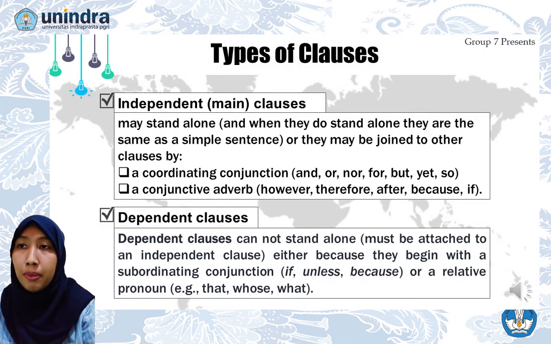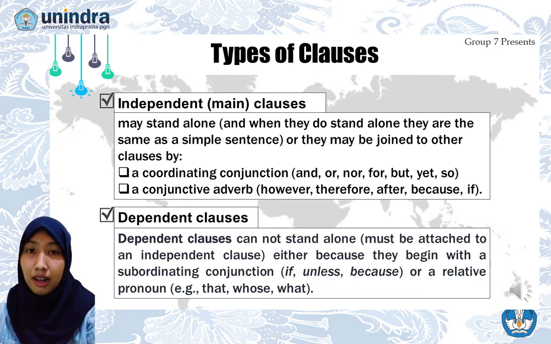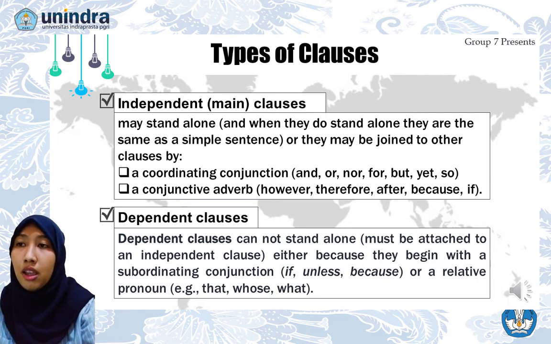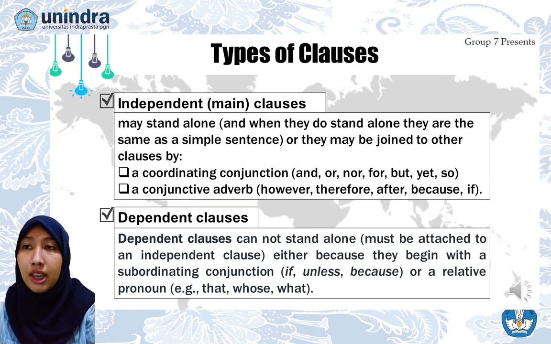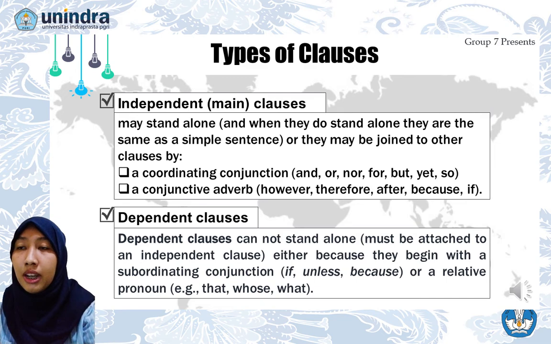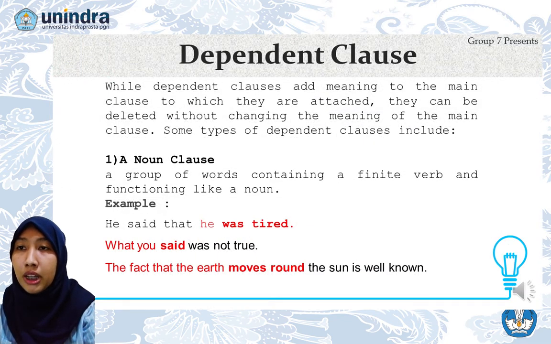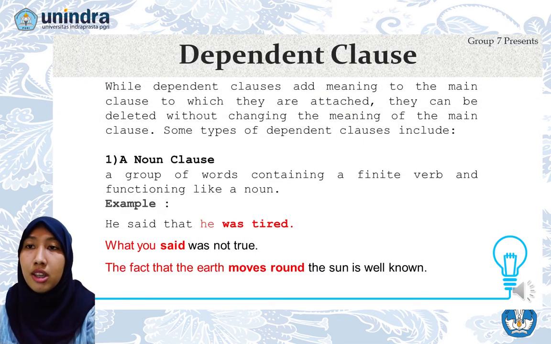Next, I will explain about the dependent clause. While dependent clauses add meaning to the main clause to which they are attached, they can be deleted without changing the meaning of the main clause. Some types of dependent clauses include 1. A noun clause.